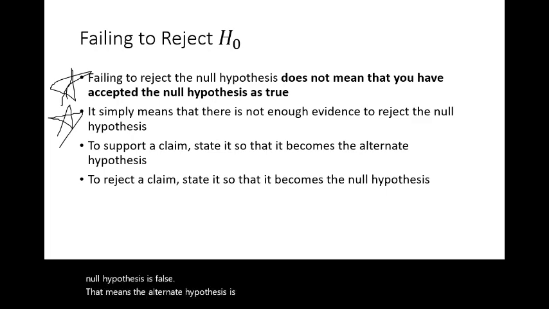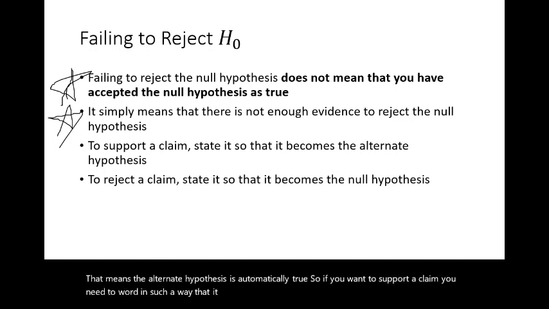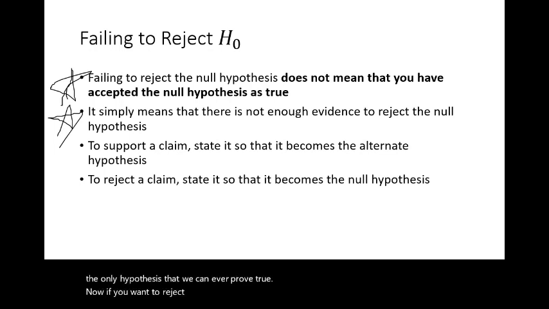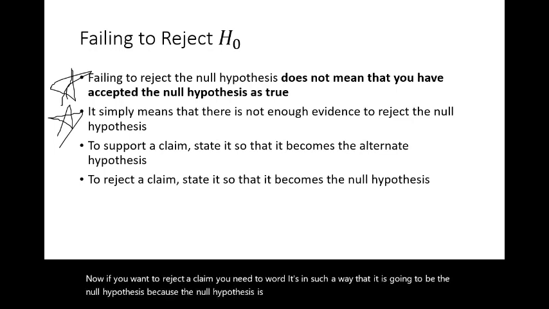So if you want to support a claim, you need to word it in such a way that it is the alternate hypothesis, because the alternate hypothesis is the only hypothesis that we can ever prove true. Now, if you want to reject a claim, you need to word it in such a way that it is going to be the null hypothesis, because the null hypothesis is the one that we can reject.